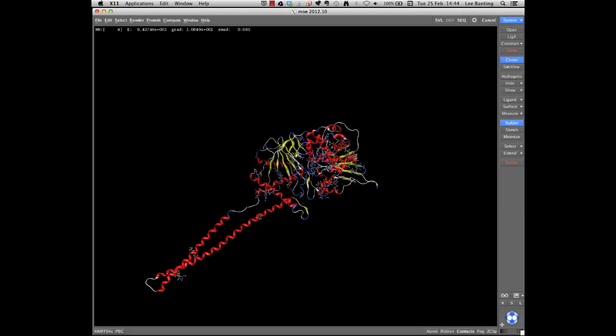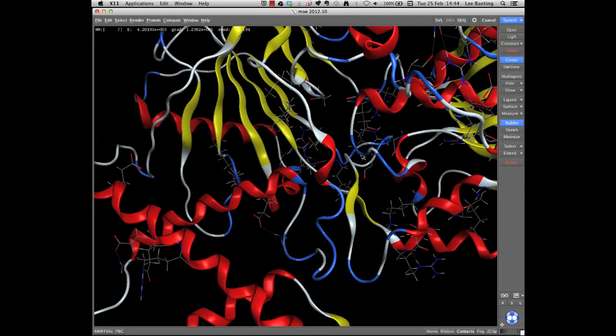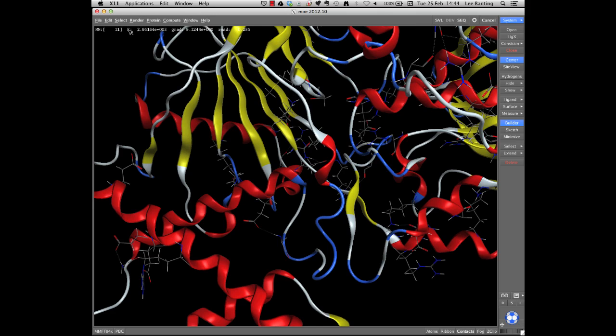So if you notice now, you can see there's some geometry changes happening, just like it did with the small molecule, the small drug. There's things trying to be sorted out by the molecular mechanics software that's taking the energy down to a lower value.